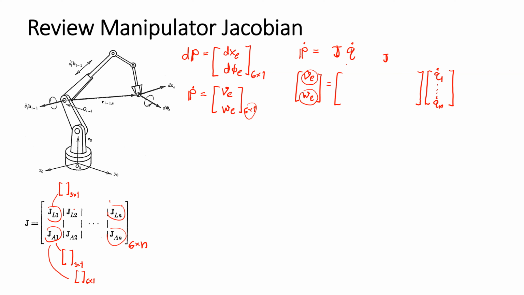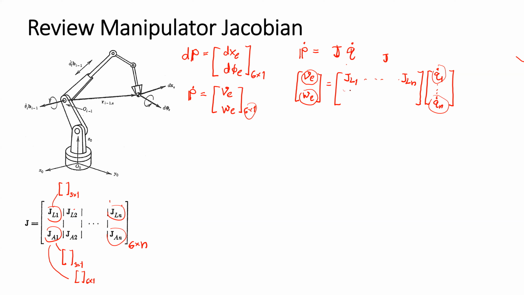And the linear velocity depends only on the Jacobian of linear velocity multiplied by the first joint velocity, and so on until the linear Jacobian that relates the velocity to the joint n speed.